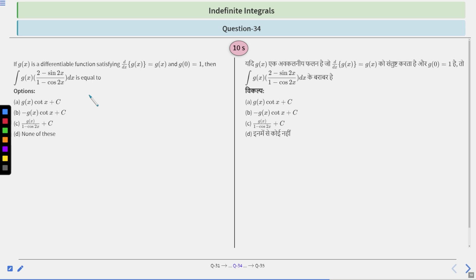And differentiation of g(x) is basically g(x), right? So which function do you remember that when you differentiate it, you get the same function? Anything of the form e to the power x, right? Clear? And g(0) is equal to 1. Clear?